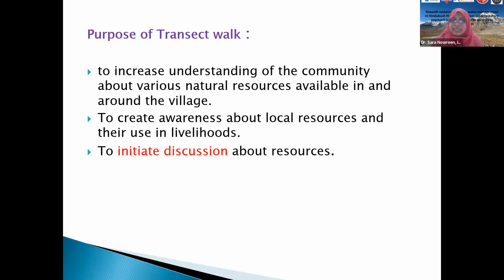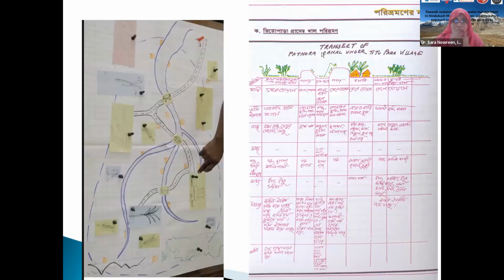And how it is done, for example, on the left side you can see the resource mapping, and they have started their journey from the point indicated by this man, and then he starts to walk. And when he starts to walk, whatever he observed, he will draw in a line just like this.